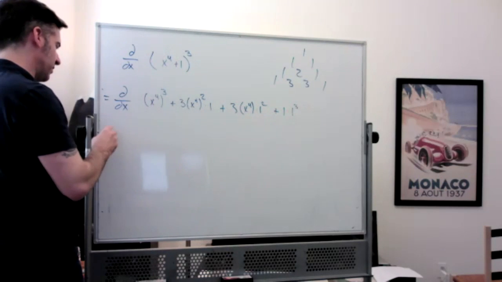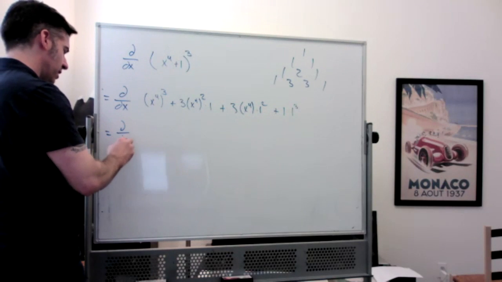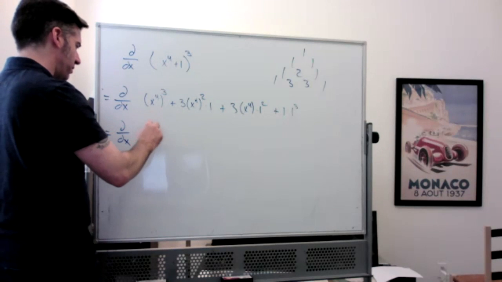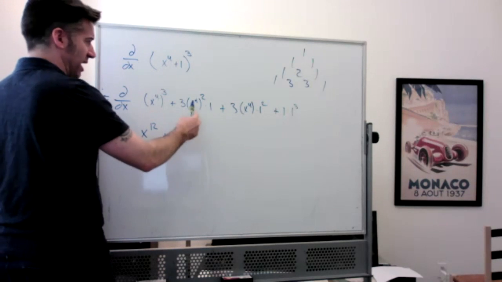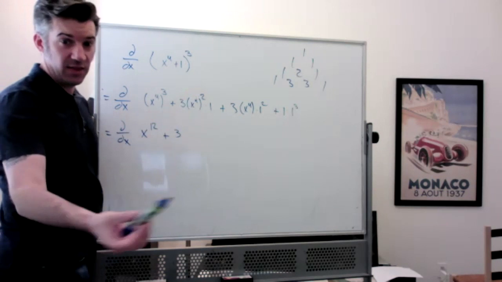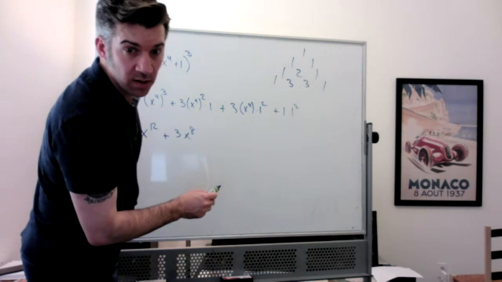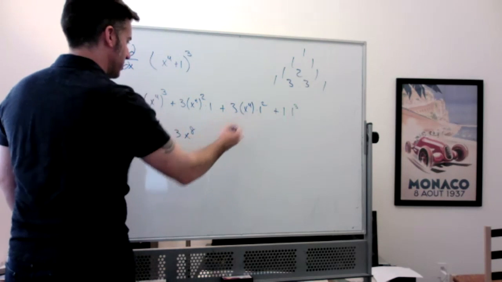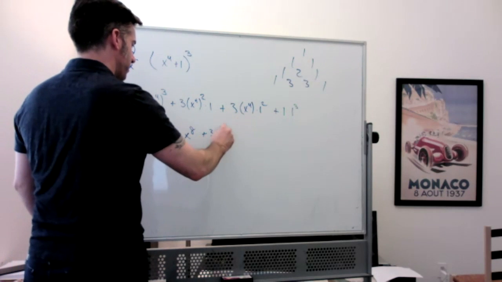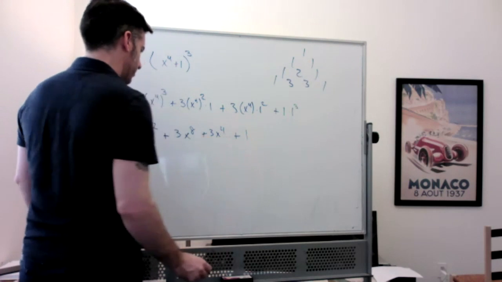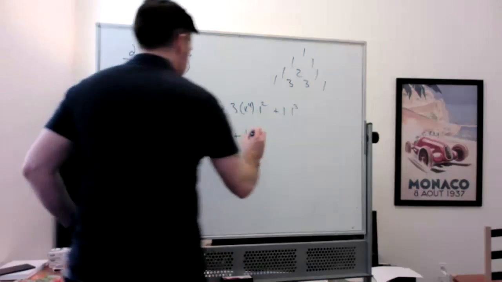So simplifying this before I differentiate, I get the derivative of x to the 12th plus 3 times x to the fourth squared, which is x to the 8th, plus 3 times x to the fourth plus 1. Now we take the derivative here.